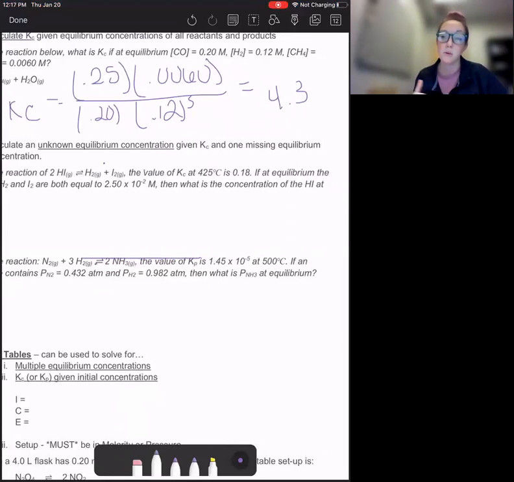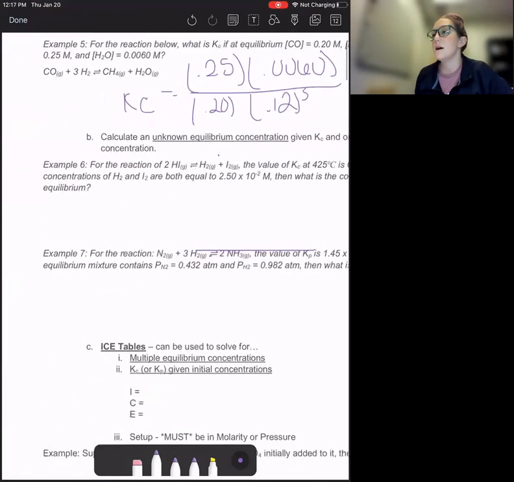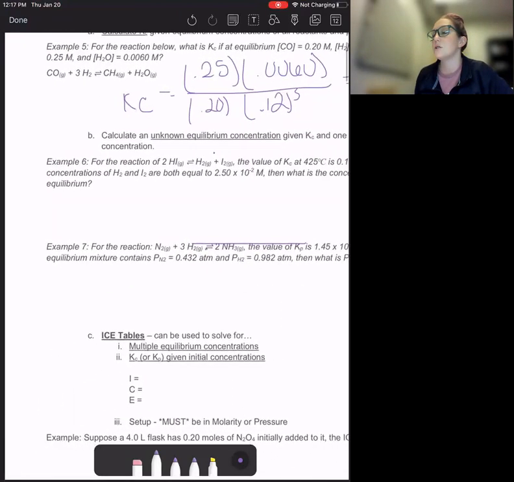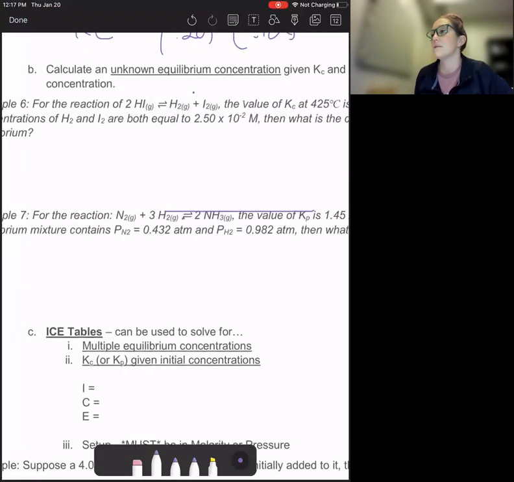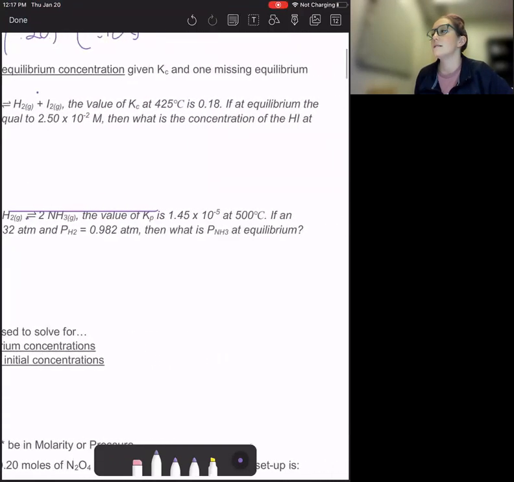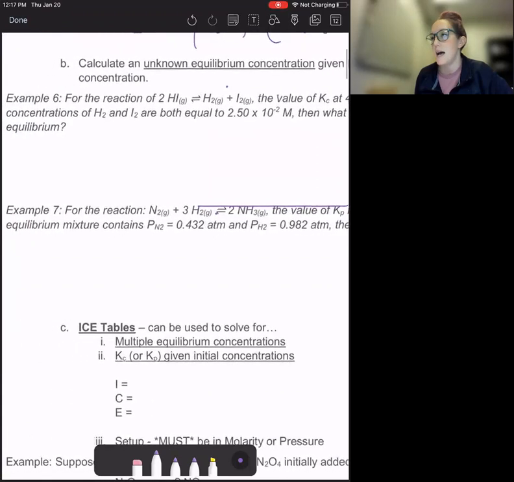Remember, we don't actually need the temperatures unless we're changing the temperatures. It's just that K does change with temperature. So if I say the K value is at 425 degrees Celsius, then we have to stay at 425 degrees Celsius. So you don't need that for your calculation. If at equilibrium the concentrations of H2 and I2 are both 2.50 times 10 to the negative second, then what is the concentration of HI at equilibrium?